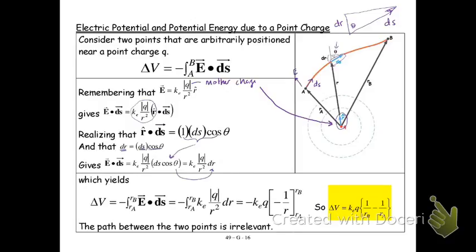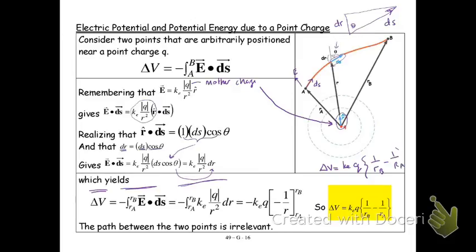Okay. So my change in potential is equal to the negative of the integral of E dot ds, which is the negative of the integral of KEQ over R squared dr, which equals minus KEQ times minus 1 over R, which gives me delta V is equal to KEQ, that's the mother charge, times 1 over RB minus 1 over RA.